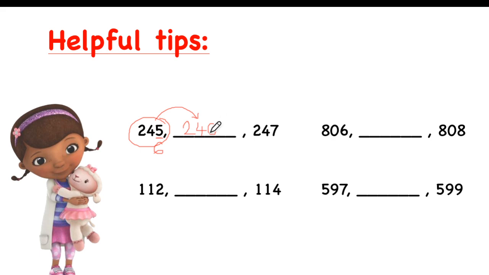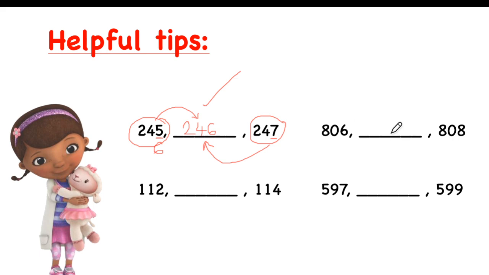Now I need to check if it's working also for this number. This number comes before, right? In the middle. So this number, 7, is number 6 before 7? Yes, it is. So I have the correct answer. Let's go to the next one.